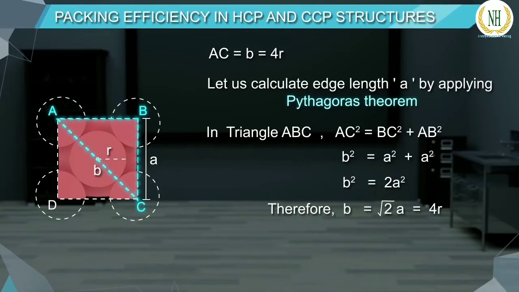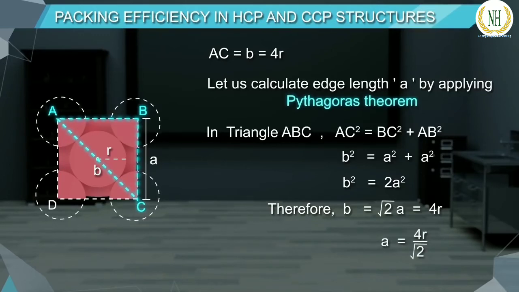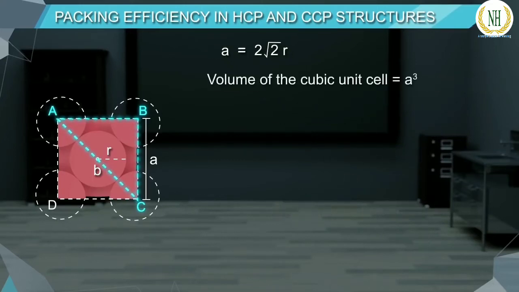Therefore, b is equal to √2 a, which is equal to 4r. Therefore, a is equal to 4r by √2, which is equal to 2√2 r. Volume of the cubic unit cell is equal to a³, which is equal to (2√2 r)³.